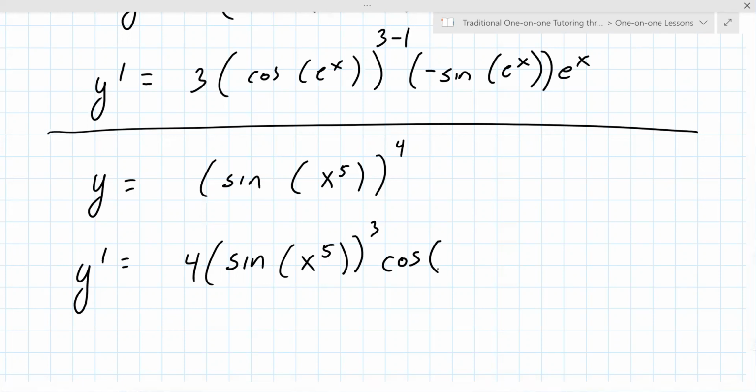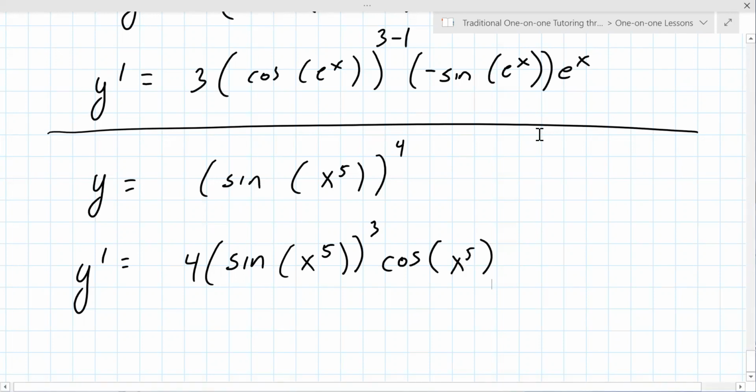I'm confused about the parentheses. I don't know when to put them. Well, it's the sine of x to the fifth, so it's cosine. You have to keep the inside function, so it's x to the fifth again.